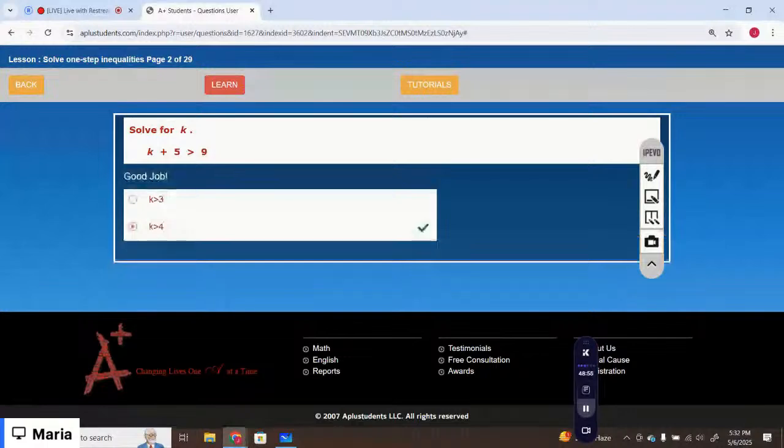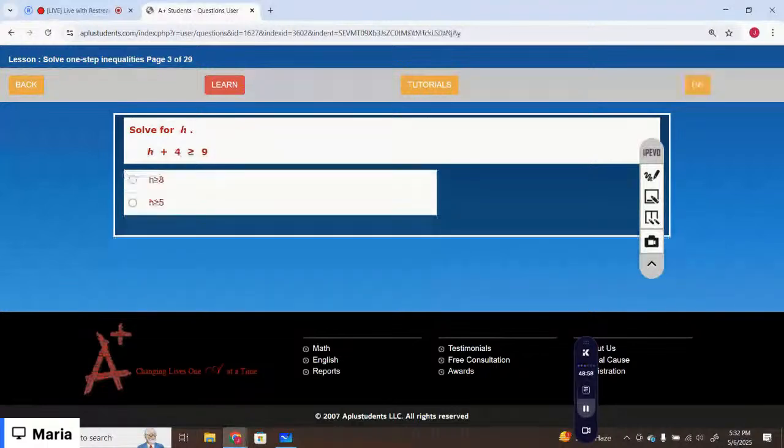Option number 2 is the correct option. Solve for h. H is greater than or equal to 5.